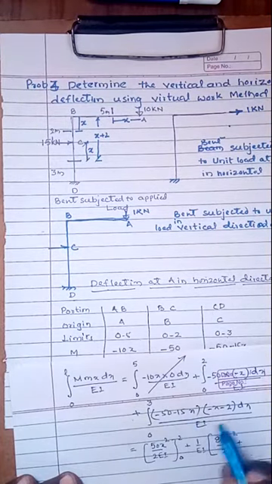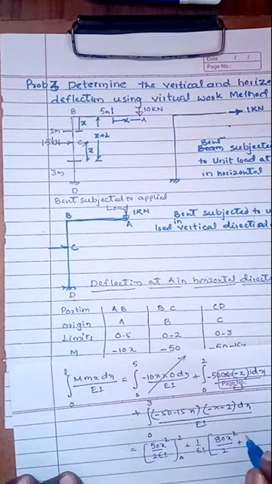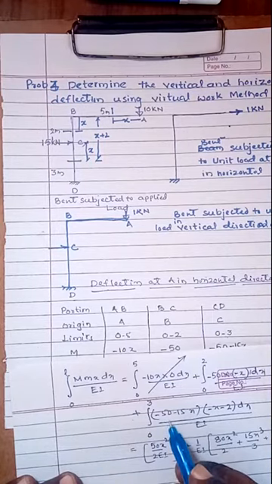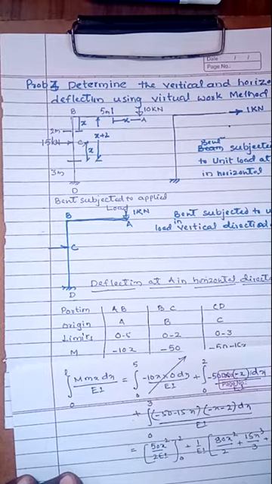Then 15x into x is 15x square, integration of which is 15x cube by 3, plus 100. The total is 100 dx, integration of 100 dx is 100x, by 1 over EI, the limits are 0 to 3.